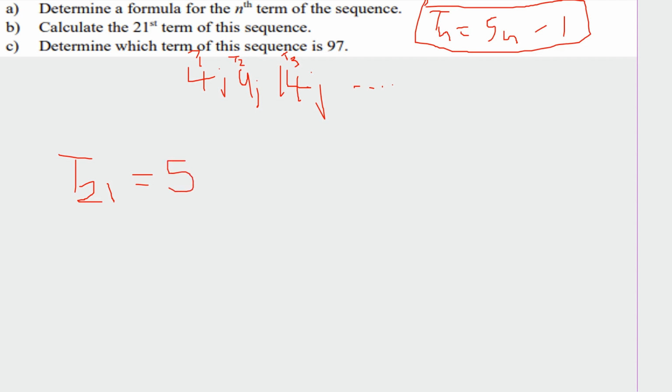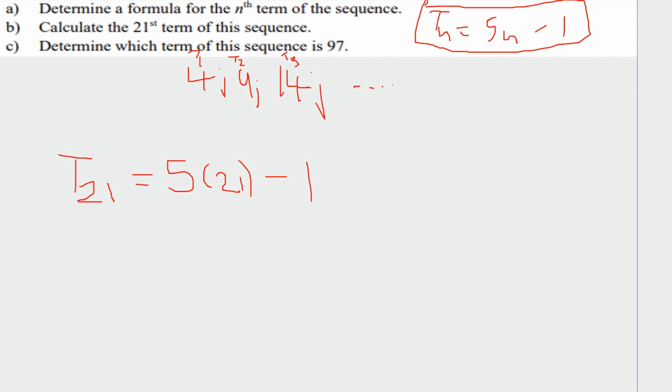So where we see n, we substitute 21. Where we see n, we put 21.